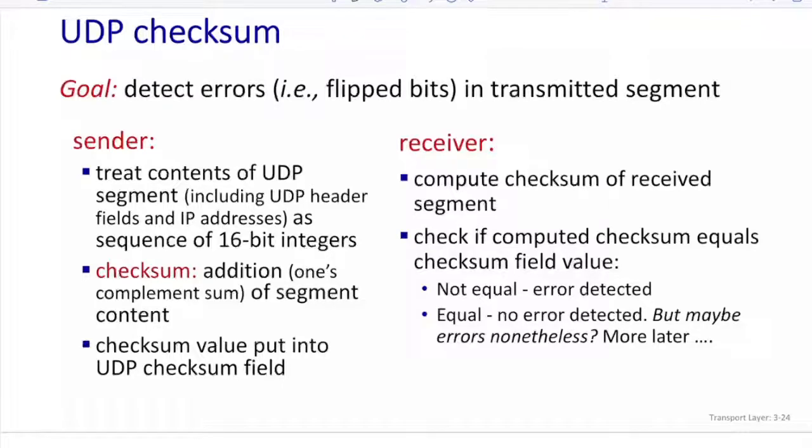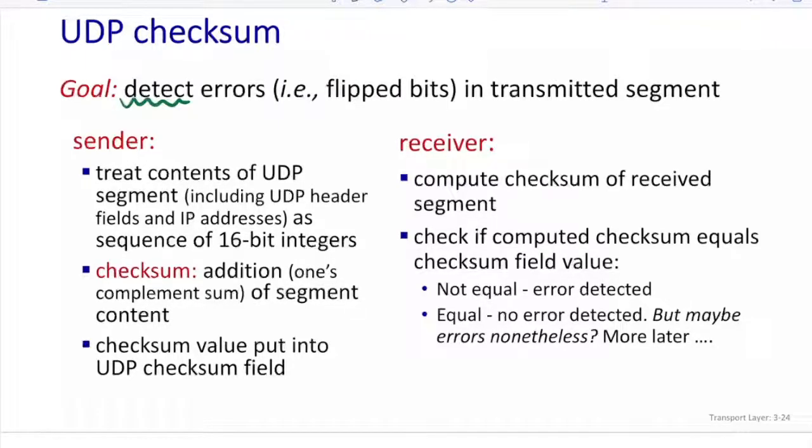It is the UDP checksum. The goal is to detect errors. Errors mean any flipped bits in the segment. You have to notice that we detect those errors in UDP, but we do not correct them. We simply detect if there are any bit errors.